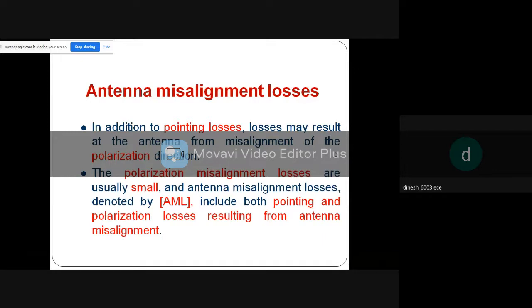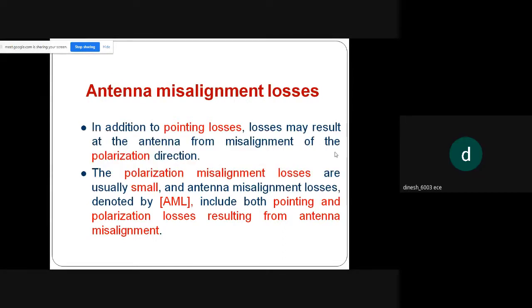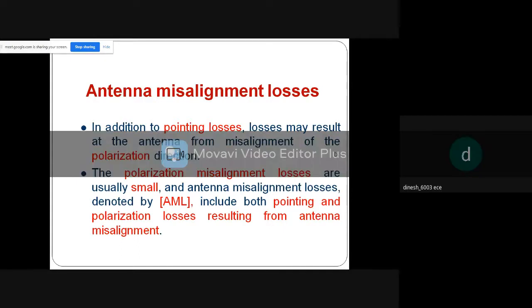In addition to the pointing losses, there could be losses obtained at the antenna from the misalignment of polarization direction. Always this polarization misalignment loss will be very small. This is denoted by AML.